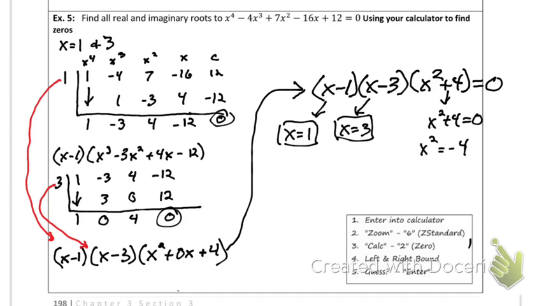Take the square root of both sides. I'm running out of room, so I'm just going to finish it off. It'd be plus or minus 2i. That is 1, 2, 3, 4 zeros. We are supposed to have 4 zeros.